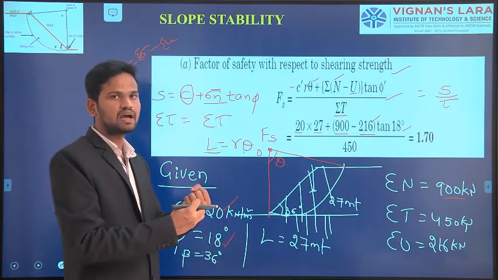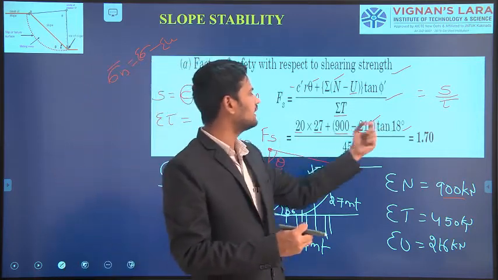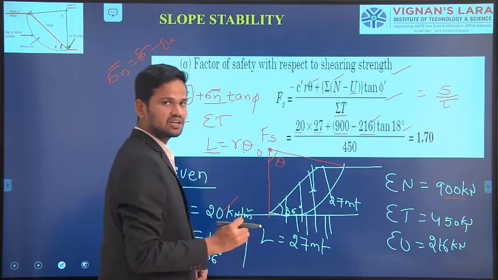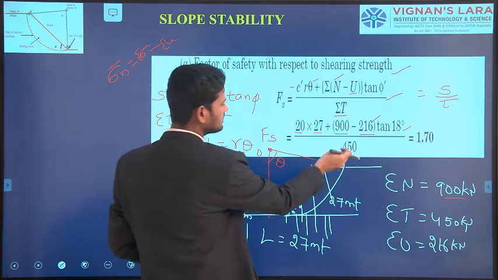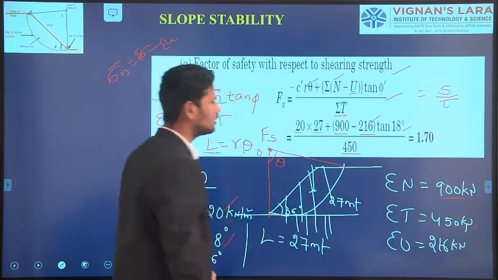That means particle to particle friction, internal friction, given in the problem as 18 degrees, divided by summation of tau, where summation of tau is the shear force acting on the soil mass. That shear force acting on the soil mass is given in the problem itself as 450 kN.